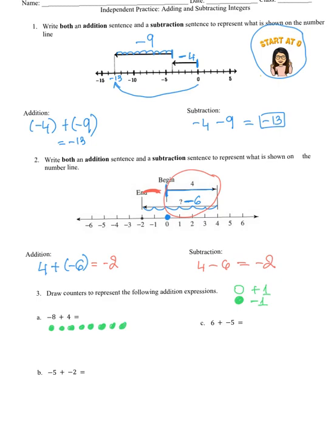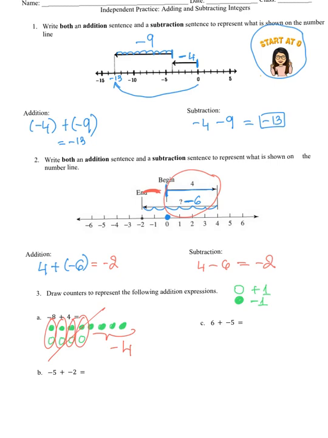And then I need 4 open circles. Then I'm going to form the 0 pairs and take them away. And this is going to leave you with the answer, -4.